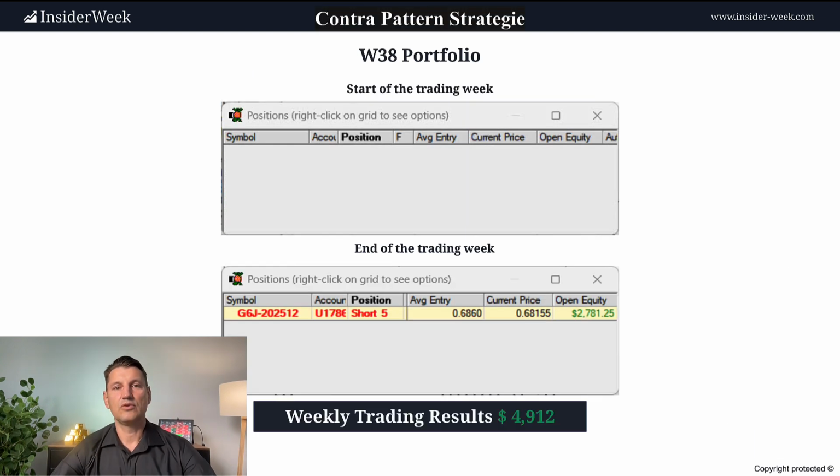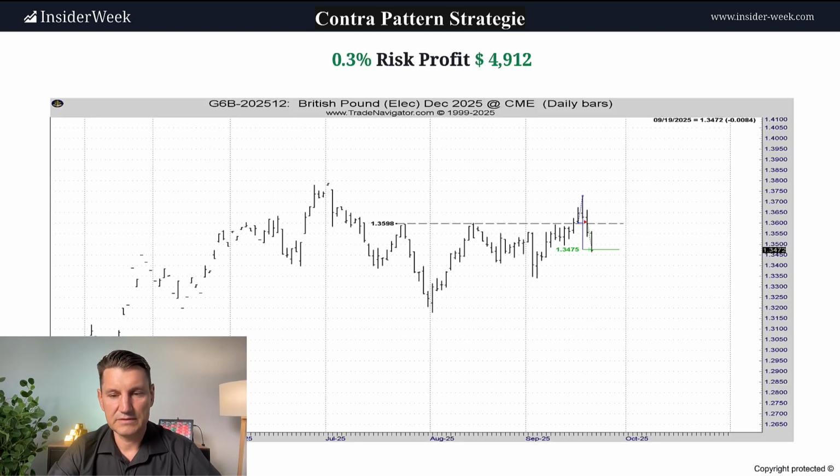Let's have a look at my third trading strategy, the contra-pattern trading strategy. If you remember, I was stopped out in British pound and Japanese yen because the breakout failed. This strategy starts to work when a breakout fails, as you can see here.